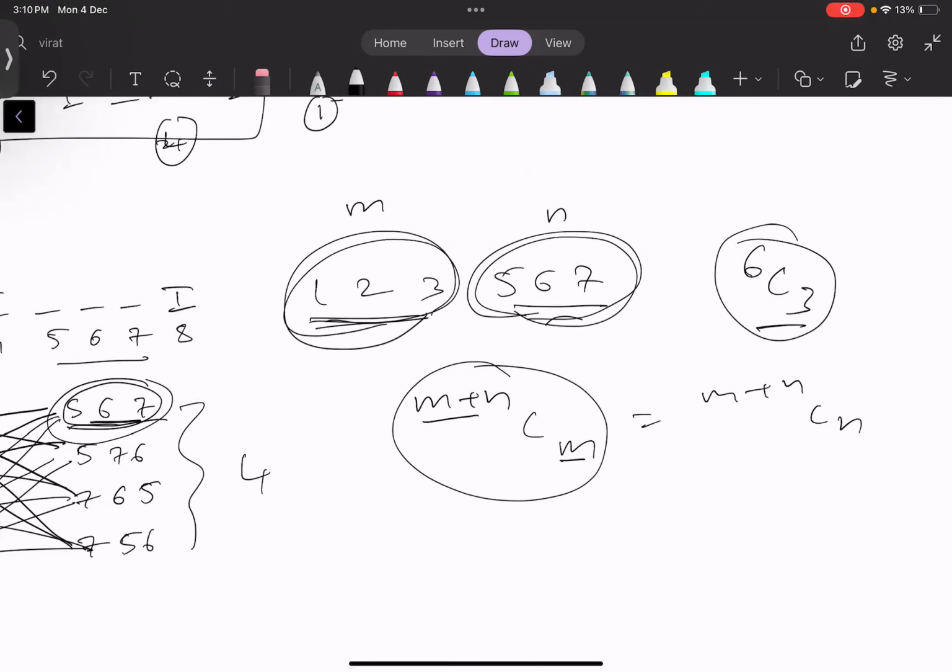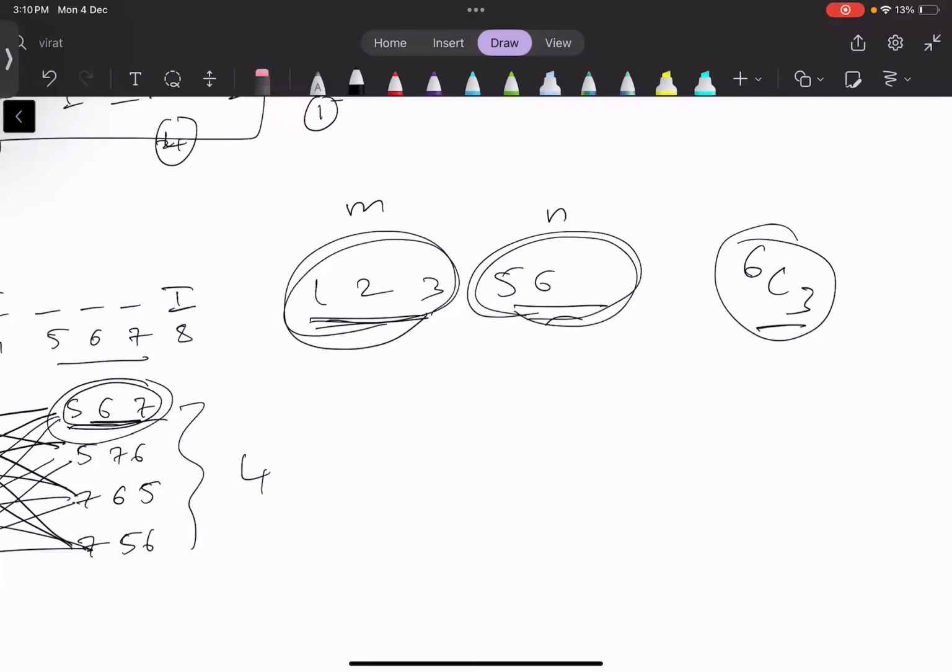But in case it was, say, 3 and 2, let's say we had only 5 and 6. In that case, M plus N will be 5, and 5C2 or 5C3, both will work.